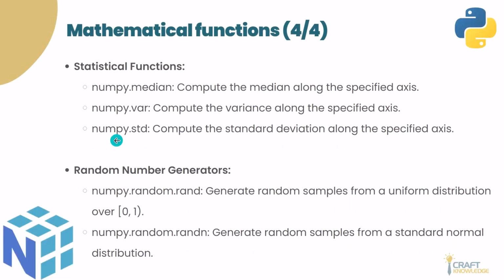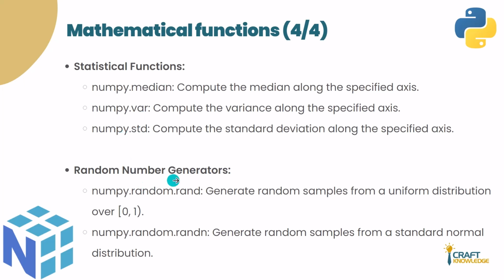Talking about statistical functions, we can check out the mean, which we have already checked out. We can check out the median of an array. We can check out the variance and standard deviation as well. What is the variance and standard deviation? This is something that we are going to talk about in probably the last module, so we'll check out variance and standard deviation in the last module.